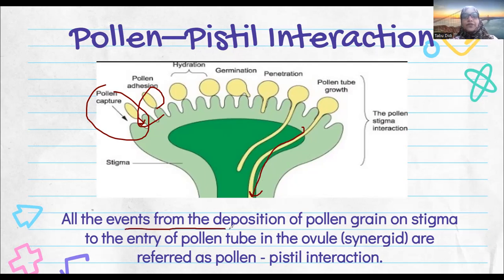So all the events from the deposition of the pollen grain onto the stigma till the entry of the pollen tube in the ovule, that's the synergid cells and the egg cell which is there in the middle, this whole event is known as pollen pistil interaction.